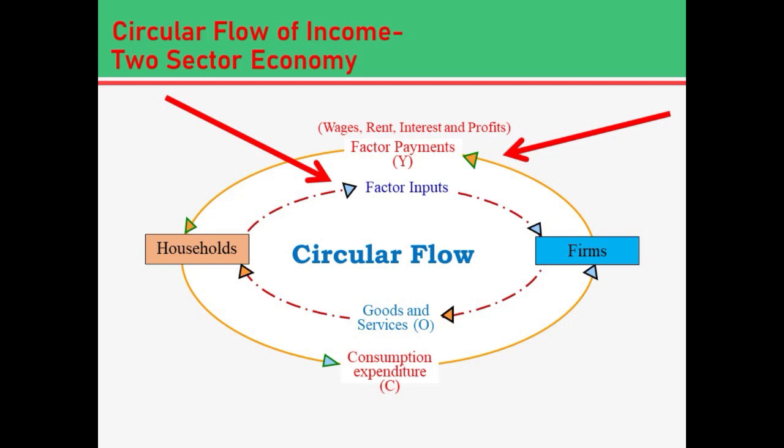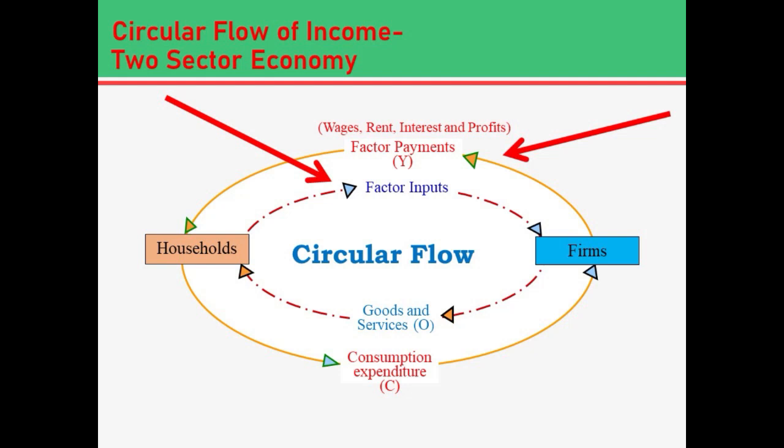And factor payment made by the firm is exactly equal to the factor earnings by the household. This is the first round of flow.